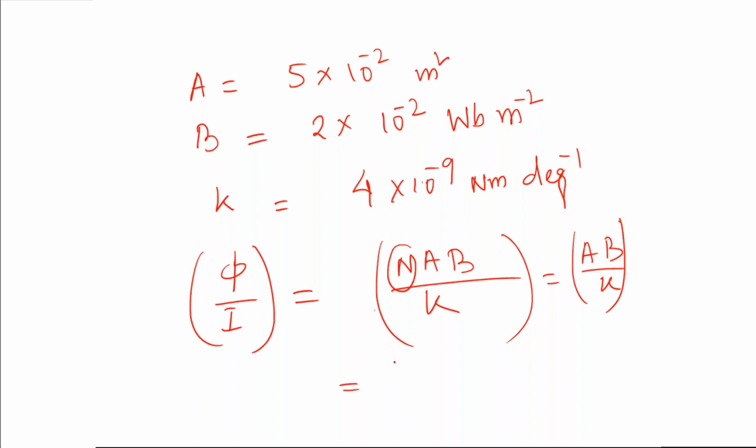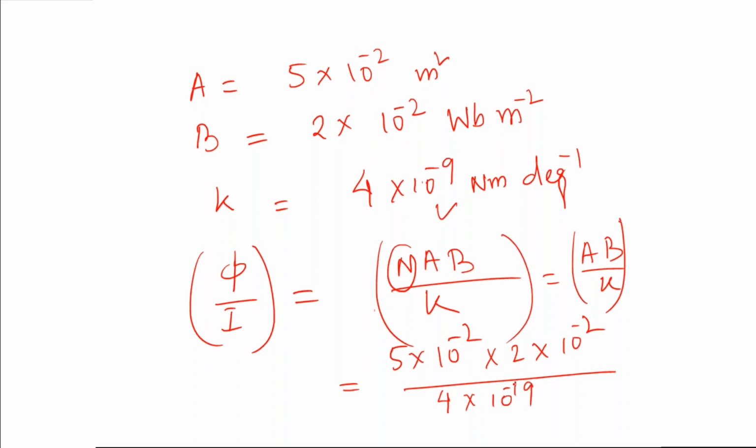Let us put all the values in the same unit. So all are in SI unit only. So I have to just multiply this and divide by this K. Okay, sorry, this is 9. Yeah. So if you do that, this will be 2.5.